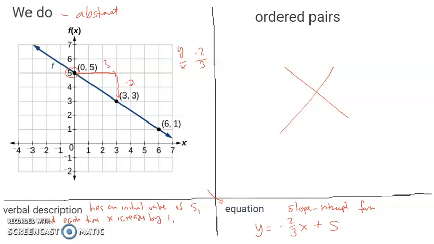You could also do this too: each time x increases by 3, y decreases by 2. That's actually fine as well. I usually just use the unit rate slope talk, negative 2/3, because I see it here. I'm really going kind of from here.